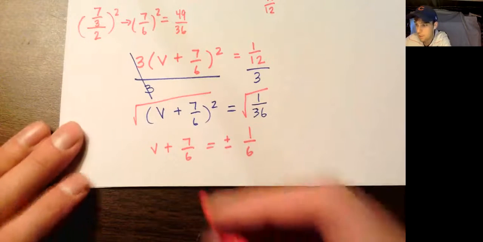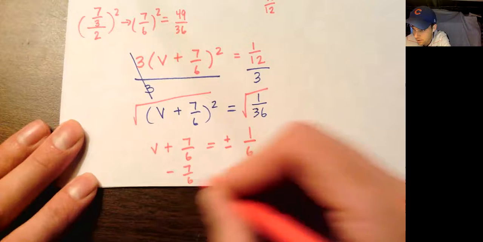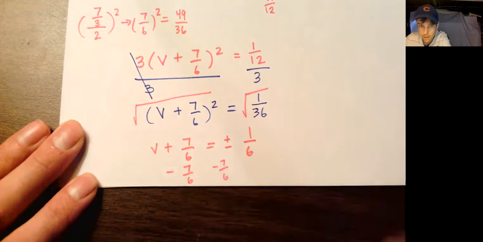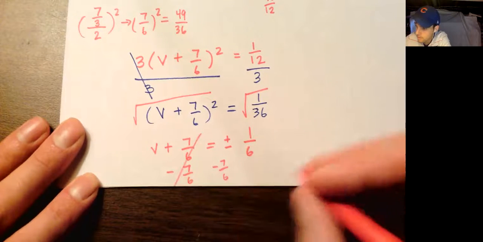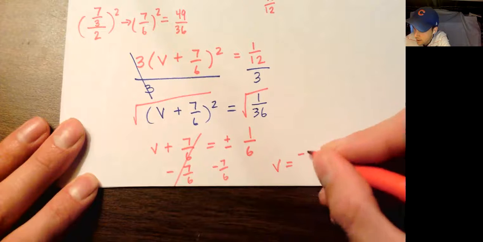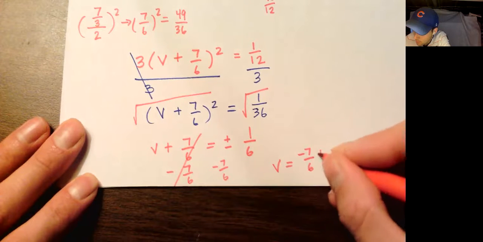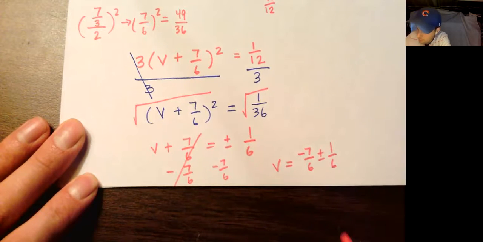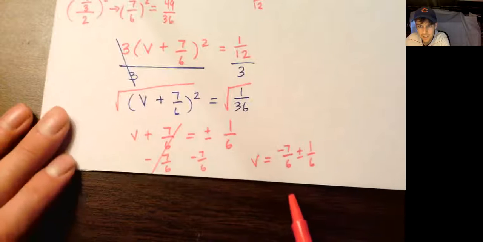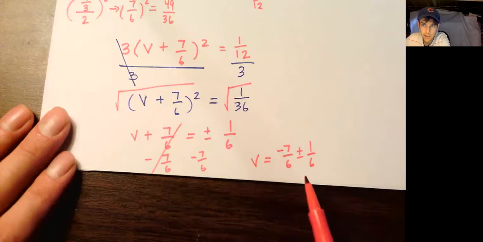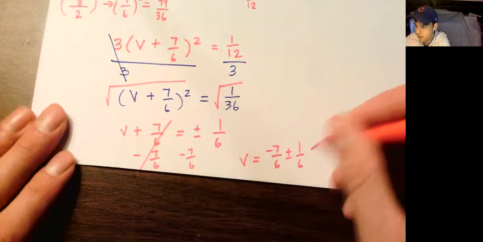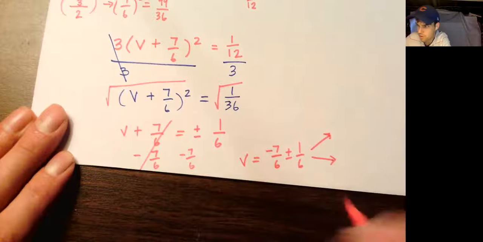And now to get the v all by itself, I'll simply subtract 7/6 from both sides, which is going to give me v equals -7/6 plus or minus 1/6. And since those don't involve any radicals or anything, I can actually figure out specifically what the two solutions are.